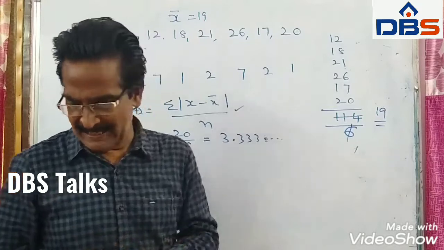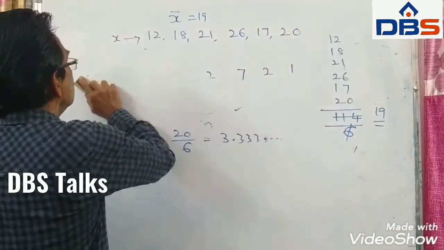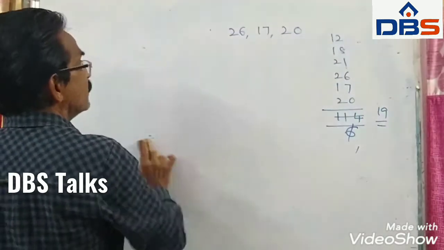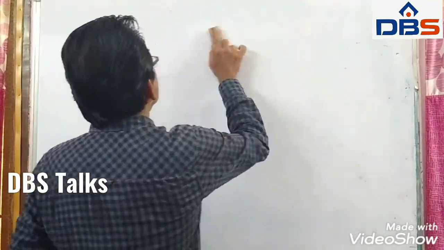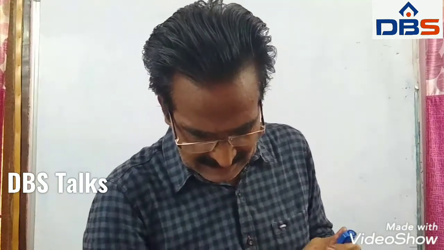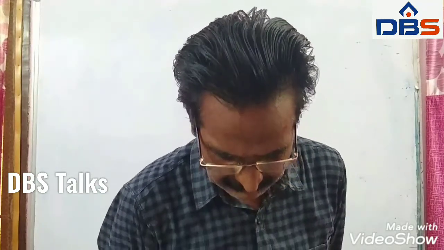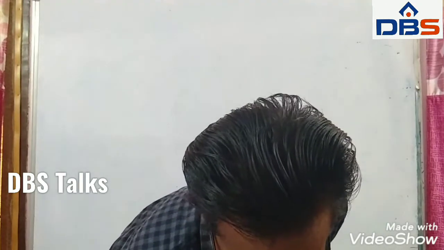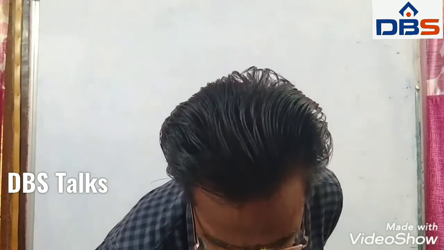Now let us consider one more problem, friends. Sachin scored 85, 91, 88, 78, 85 for a series.